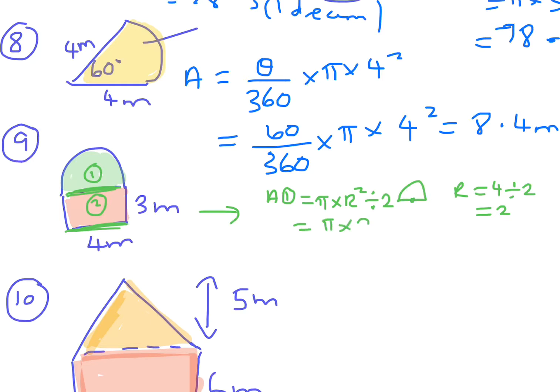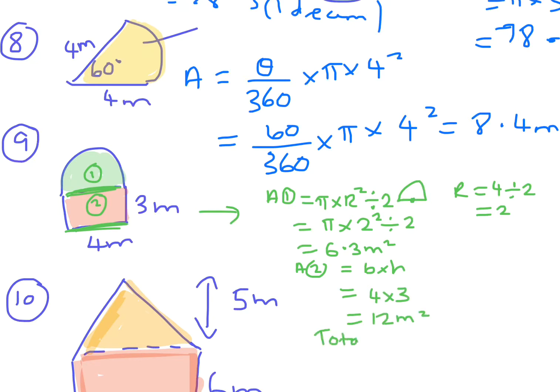So it's pi times 2 squared divided by 2, which equals 6.3 meters squared to 1 decimal place. And then area 2 is just a rectangle, so it's just base times the height. So that's going to be 4 times 3, and 4 times 3 is 12 meters squared.